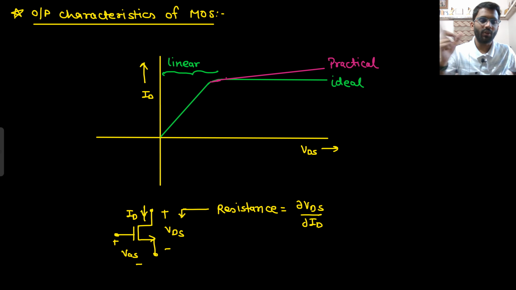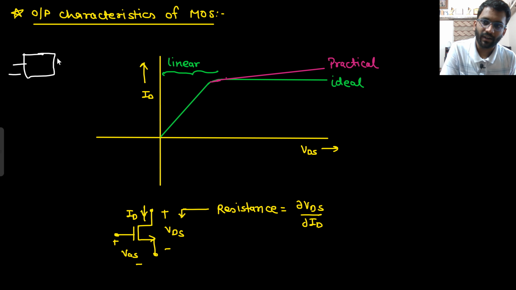Now we will see one more important parameter. This is not a concept, it is a parameter, that is output resistance. What is output resistance? If I give you a network and ask you to find output resistance, what will you do? You will apply a voltage and get the current out of it.